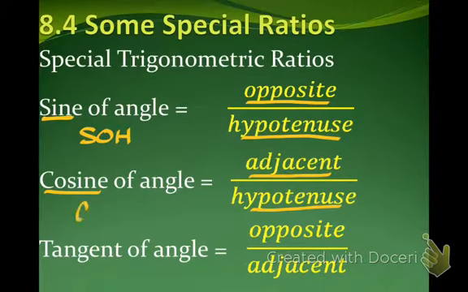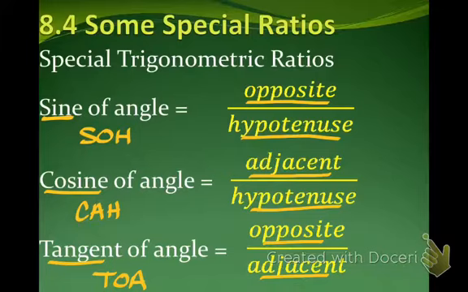We call this CA. Cosine, adjacent, hypotenuse. And the final trigonometric ratio, tangent, is opposite over adjacent, which we call TOA.